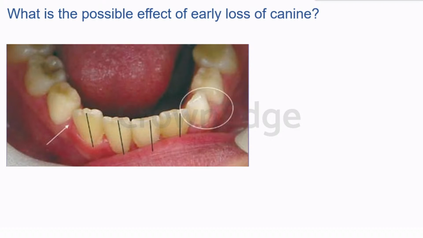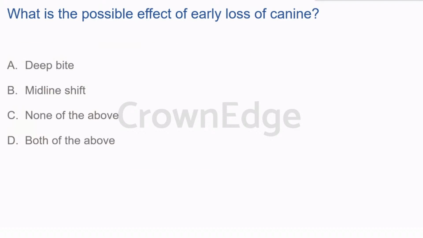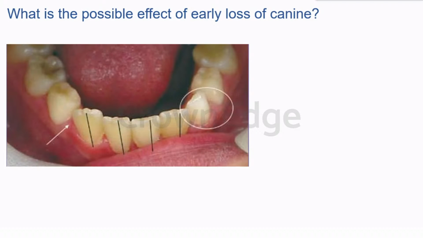So what is the possible effect? What are you seeing in this image because of early loss of canine unilaterally? Can anybody just list out what are the changes that you're seeing in this arch? One thing you need to know is if canine is lost in either of the arches, let it be upper arch or lower arch, there will be a clear midline shift.